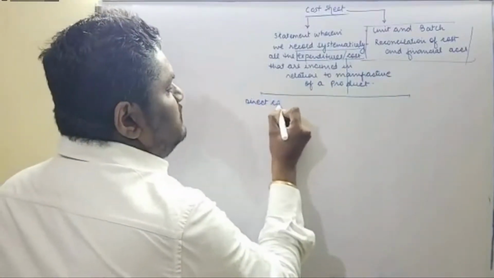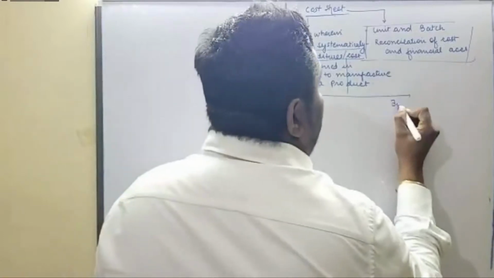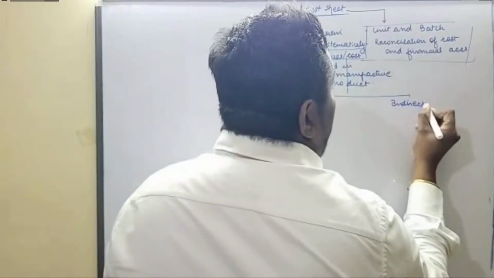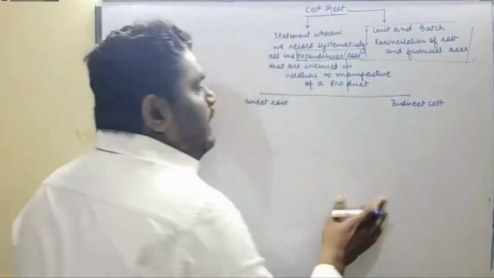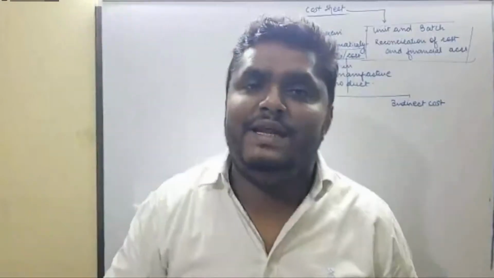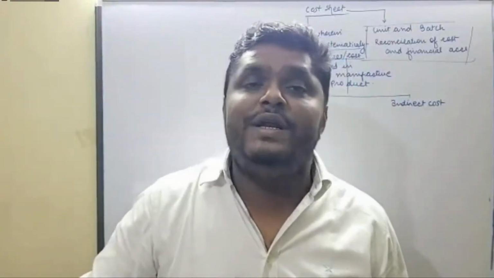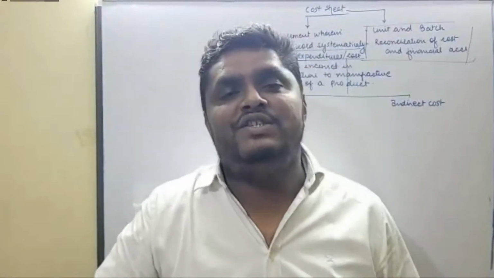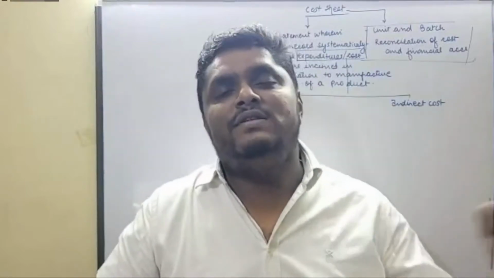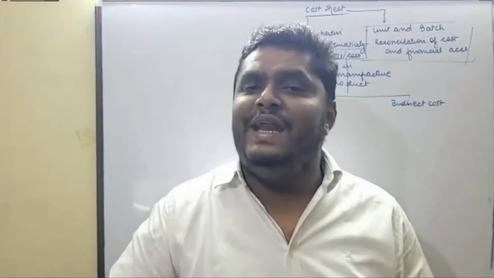That is direct cost and indirect cost. I have already discussed in detail in overheads, but for the students who have not attended my overhead session, I'll be giving just a brief about what is direct cost and indirect cost.